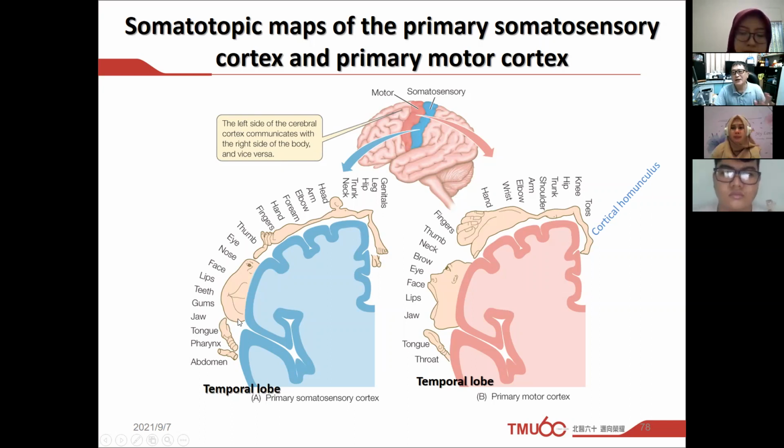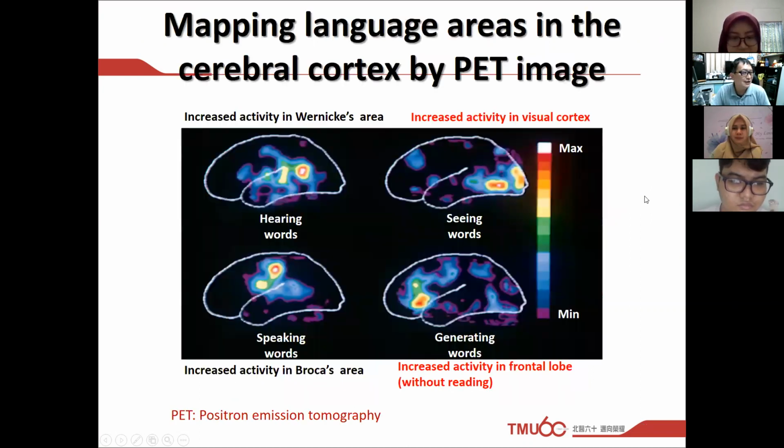Using this mapping of the position, you can feel it, or you can control it. It's very interesting stuff here. Homunculus, this is very interesting stuff. Thank you.